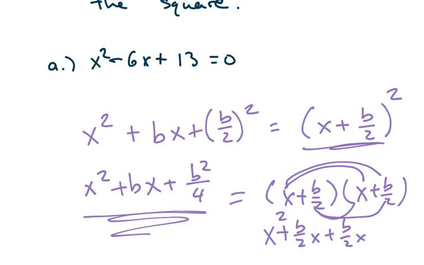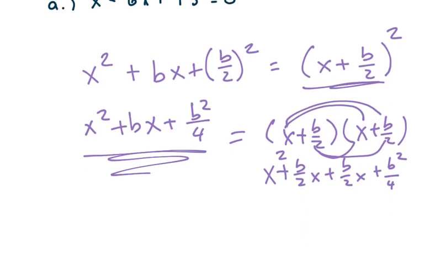And b over 2 times b over 2 is b squared over 4. Because these are the same, when we add them together it's just times 2, so this just becomes bx. Hence, this relationship is true.